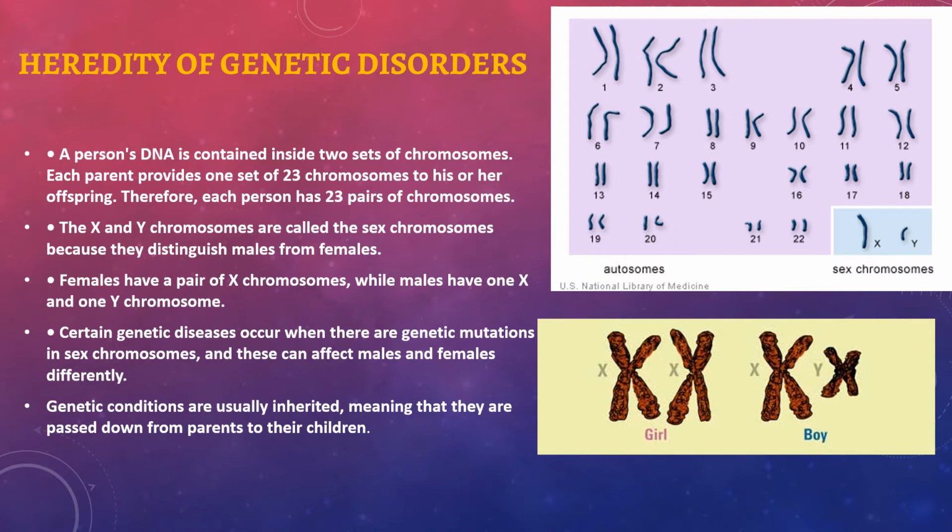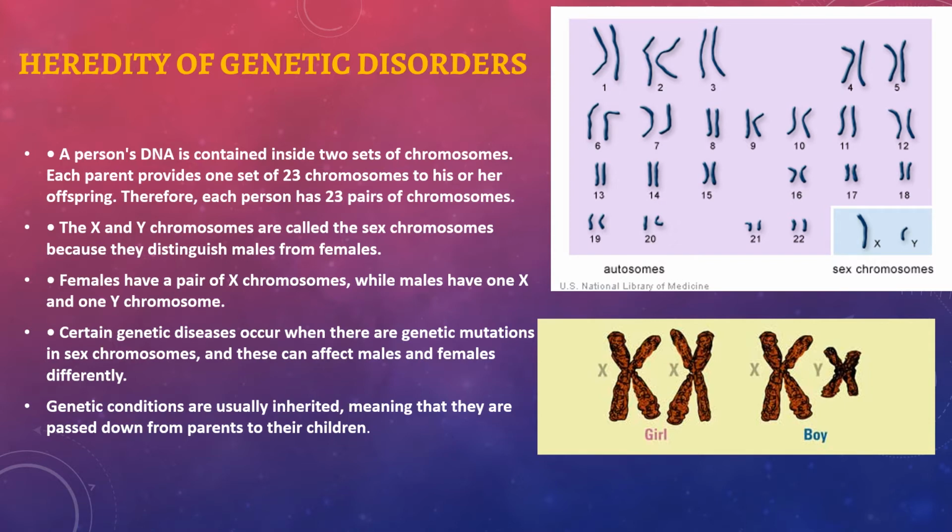Females have a pair of X chromosomes, that is XX, while males have an X chromosome and a Y chromosome. Certain genetic diseases occur when there are genetic mutations or changes in the sex chromosomes, and these can affect males and females differently.